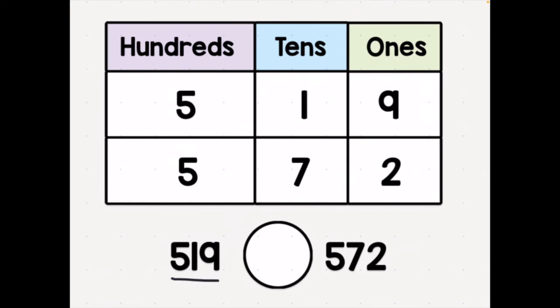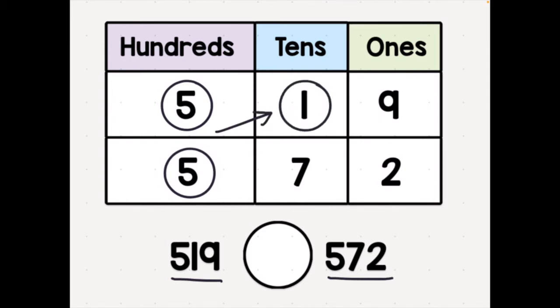Okay, we have 519 and 572. Compare them. Look at the hundreds. 500s, 500s. Those are the same. Move over here to the tens. 1 ten, 7 tens. Oh, already we know that this one right here is bigger. 7 tens is definitely bigger than 1 ten.